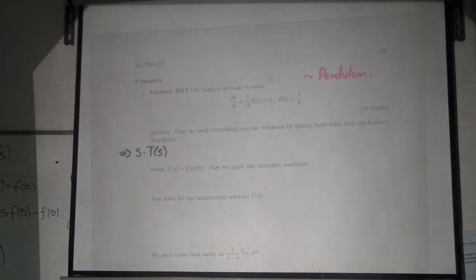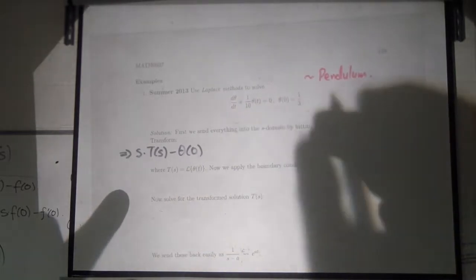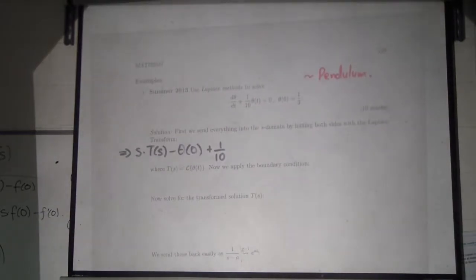minus, now this is little f, so this corresponds to, in the time domain, the little theta, fix the constant, 1/10. What does little theta of t get sent to? Big theta. Big theta of s, which we're just going to call big T of s.